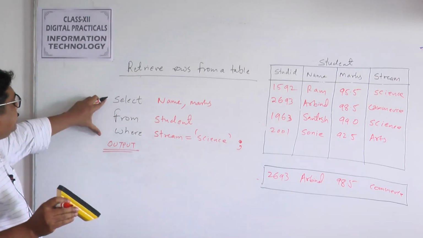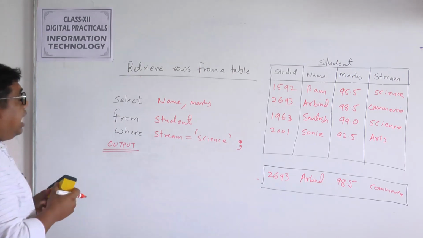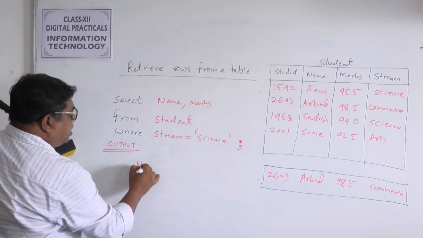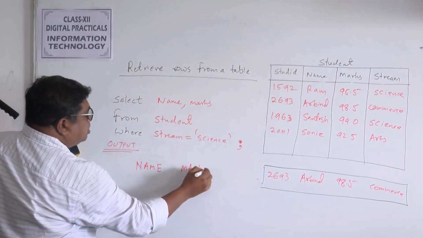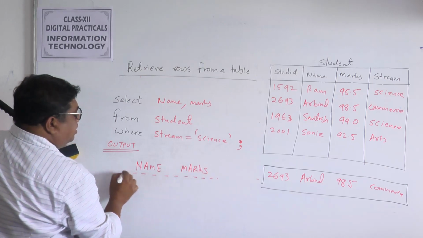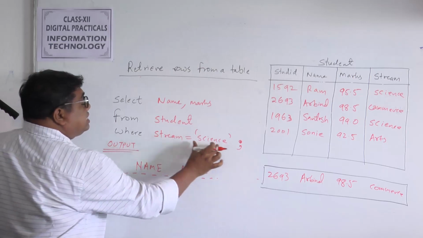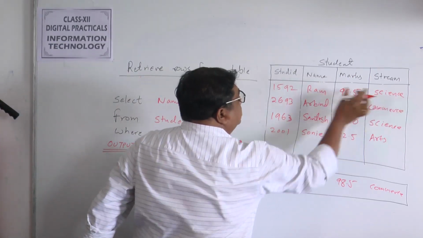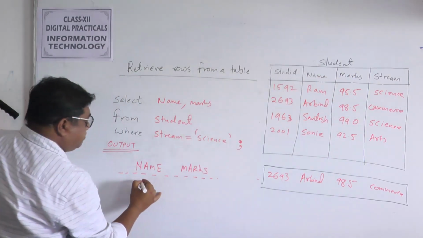So when writing this query, what will be the output? It will give the heading as name and marks only. We have queried only for name and marks. Whose stream is science? This row's stream is science, so it will give name as RAM and marks as 95.5.